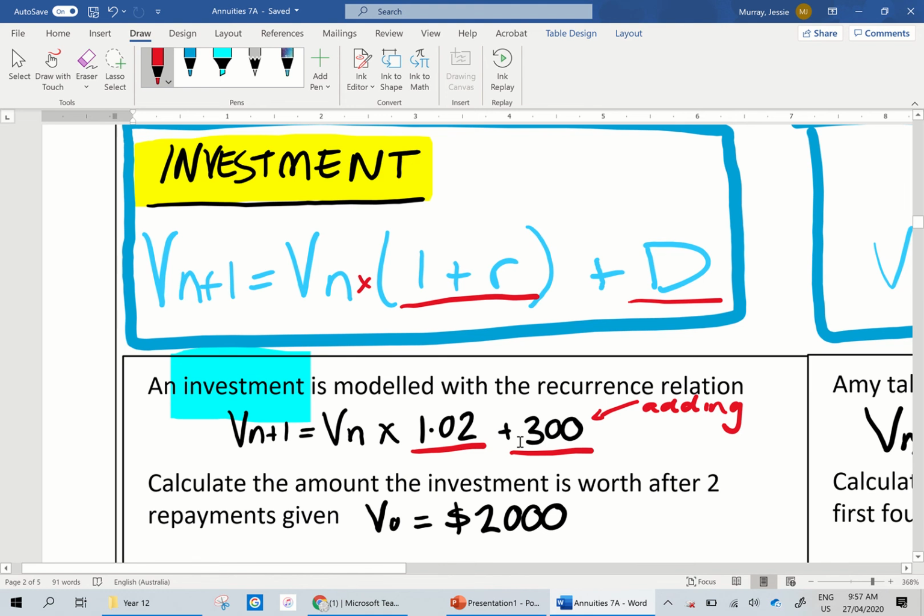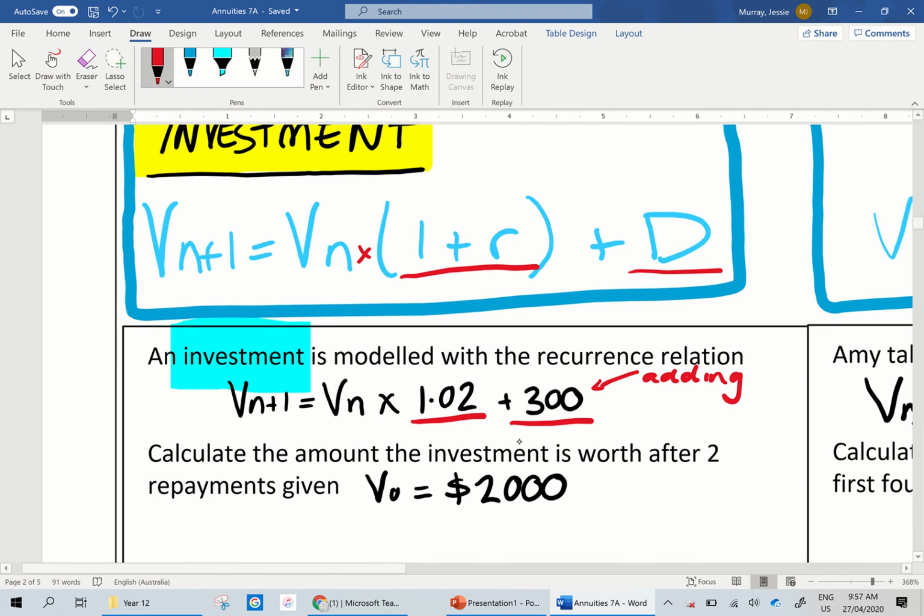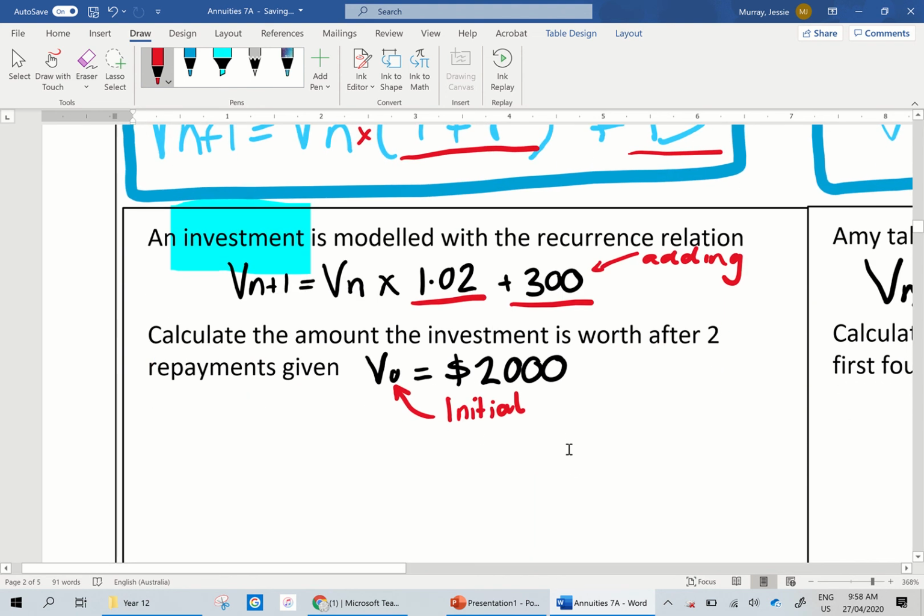So it says, what is it worth after 2 repayments? V0, whenever you see the value at 0, it just means the initial value. So initially in this bank account, there's $2,000. So let's think. Value 1, so at the end of the first repayment, and now they haven't told me whether this is in weeks, whether it's in months, whether it's in years, so we're just saying at the end of the first repayment, there's going to be the $2,000 from the initial amount.